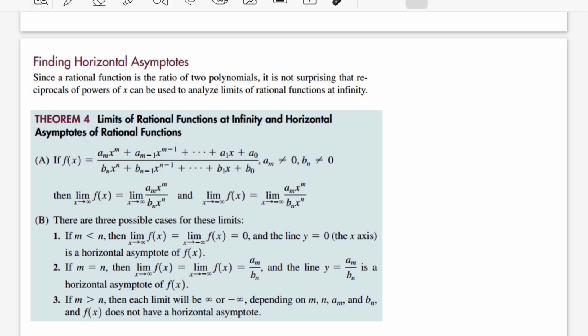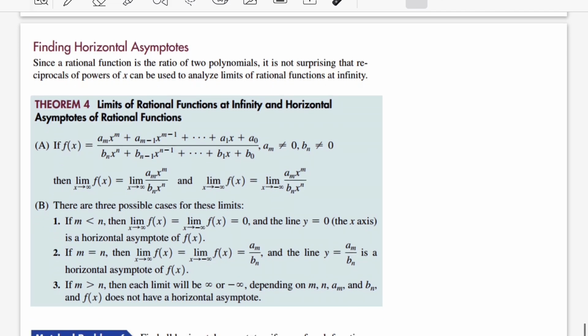And this here says if we have a rational function here, so we have two polynomials, then the limit of this rational function as x goes to infinity is going to be the limit of our leading term. So this is going to be our leading term in our numerator over our leading term in our denominator. And similarly for x going to negative infinity.